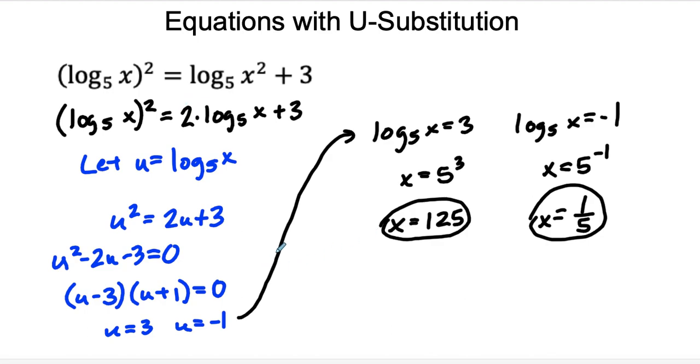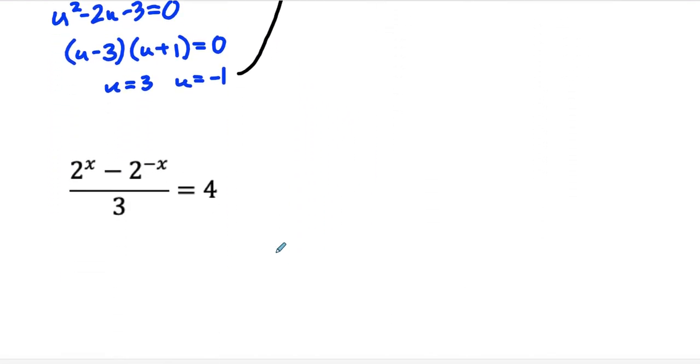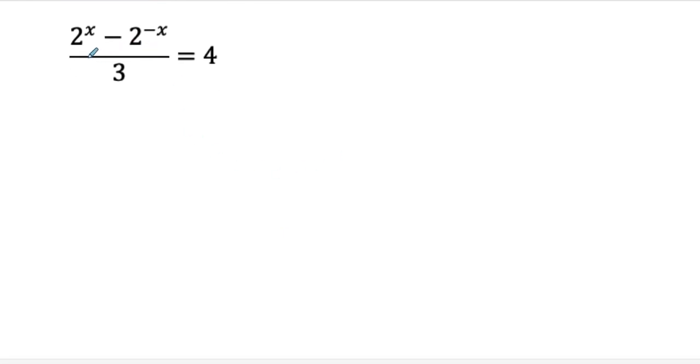Okay, let's do one more problem, and this is going to be an exponential equation that uses U substitution. The first thing I'm going to do here is get rid of the fraction, so I'm going to multiply both sides of this by 3. That's going to leave me with 2 to the x minus 2 to the negative x equals 12.